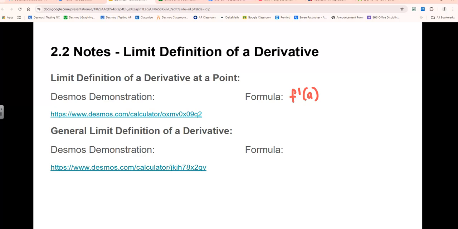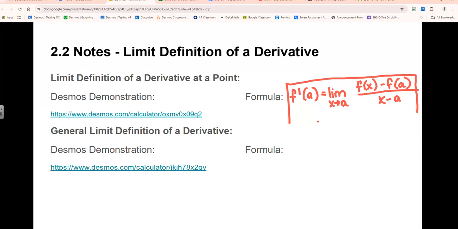So it is the derivative of a function at that point. f prime of a is going to be the limit as x approaches a of f of x minus f of a, all over x minus a, right? And that is our limit definition of a derivative at a point, and we need to have that memorized.